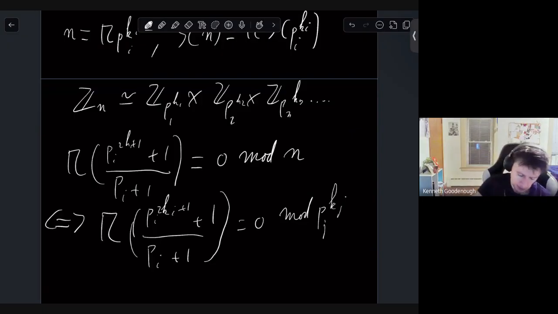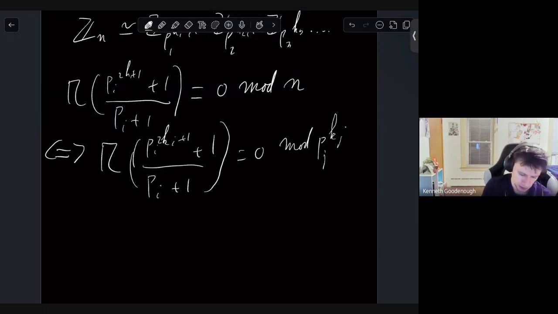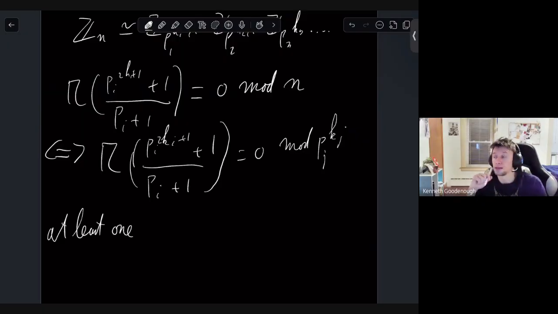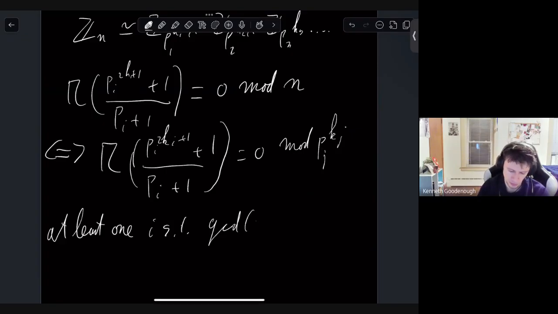Because what does this tell you? This tells you that there's at least one i such that the GCD of p_i and 2k plus 2k_i plus 1.